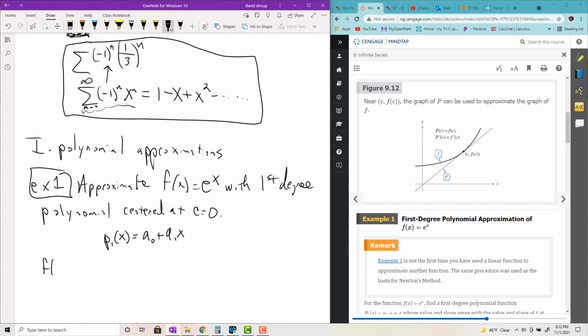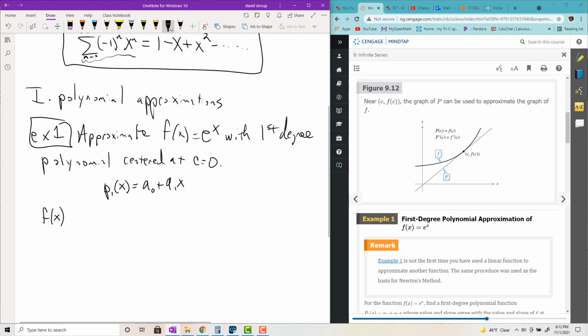What we want is for the function and its derivatives to equal the polynomial and its derivatives at the center. The function is f of x equals e to the x. Its derivative is e to the x, and then we evaluate these at the center. We want those values to be the same as the polynomial and its derivative evaluated at the center.